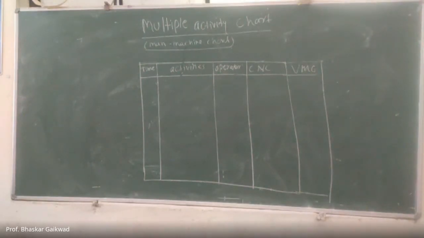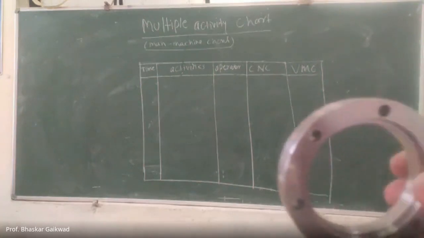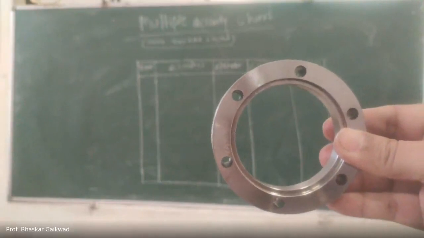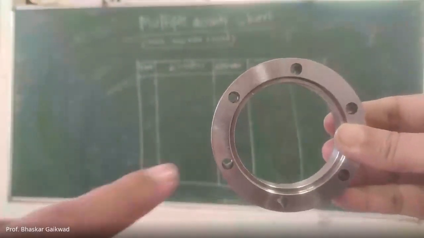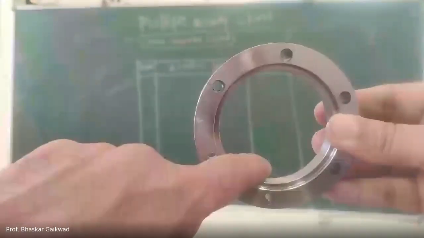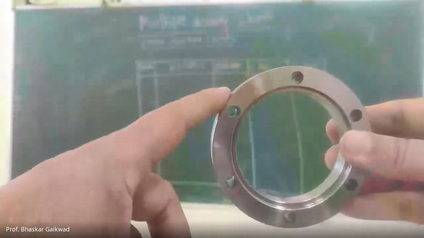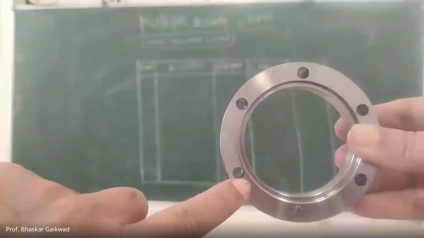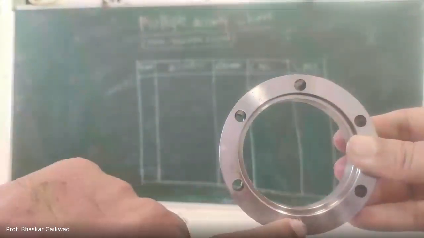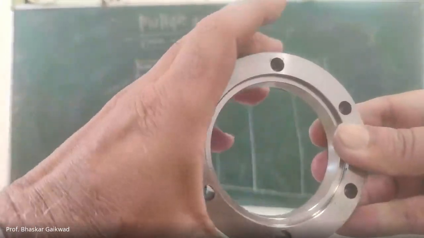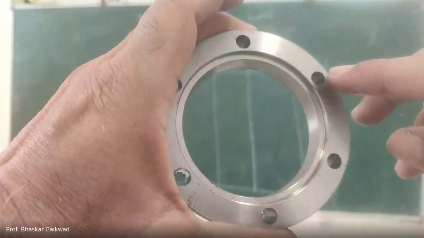Yesterday we saw this job manufactured by two machines, CNC and VMC. This part has boring, step turning, facing, and turning, and these holes are drilled by the VMC machine, having 82 PCD and 7 mm holes.